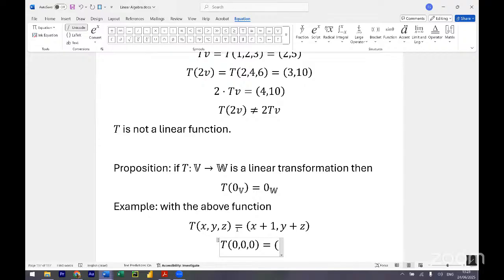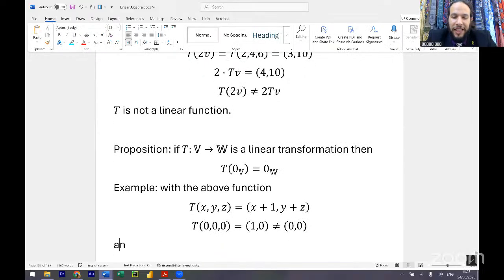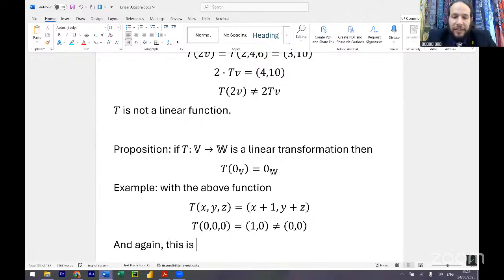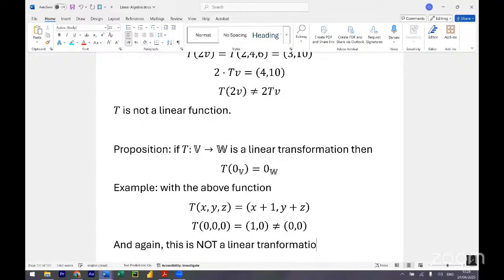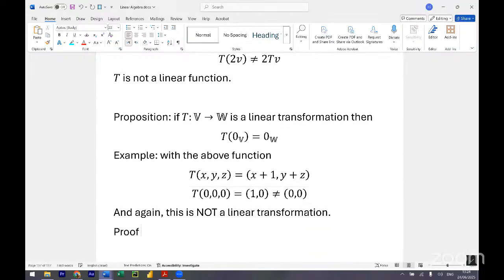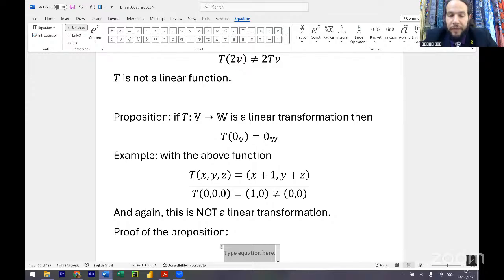No, it's 1, 0, which is different than 0, 0. And again, this is not a linear transformation. Okay? And now, the proof of the proposition goes as follows.